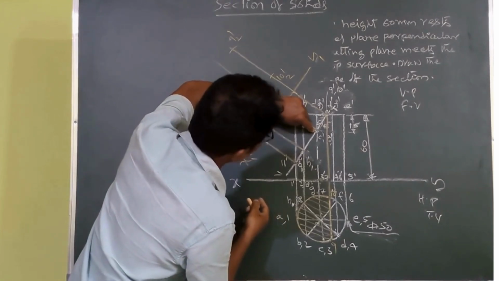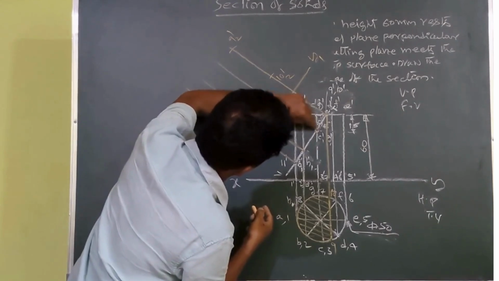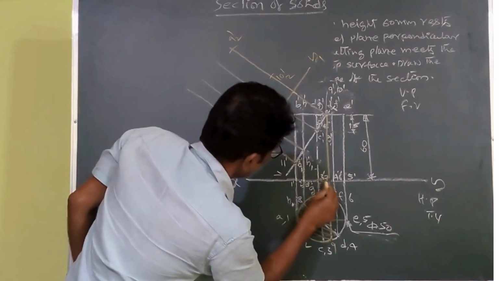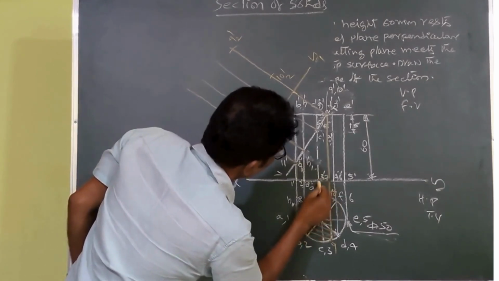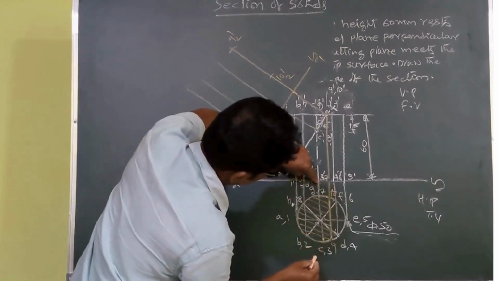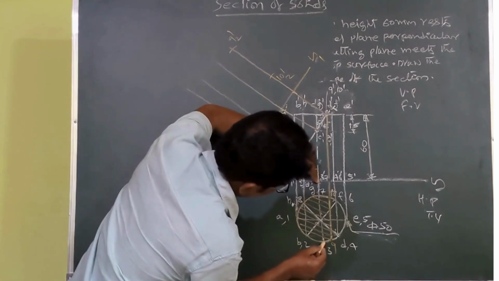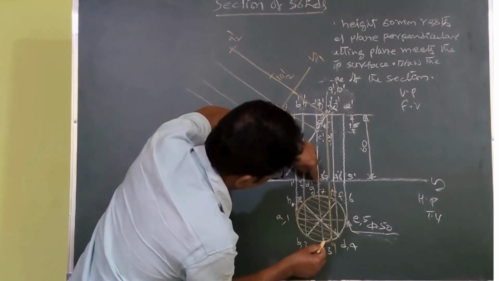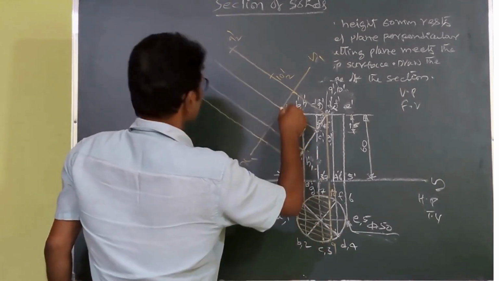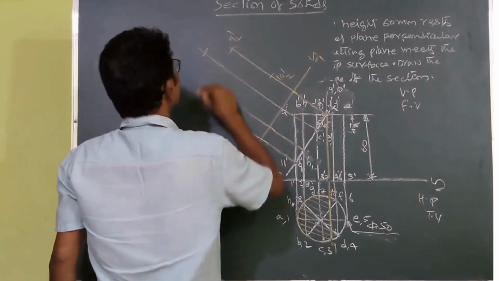The next, the cutting plane is cutting the axis, so therefore G as a center, G C1 as a radius, this is the center, you cut this line from here to here.